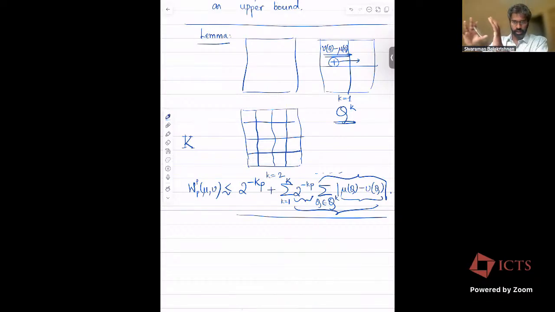So you think about it as I fix errors at the coarser resolutions, then I go down a little bit and I fix the discrepancies in the distributions at that level and then keep going down. And this is maybe also one way to interpret the Wasserstein distances, at least. It is an upper bound on the Wasserstein distance, which is some sort of multi-resolution TV.